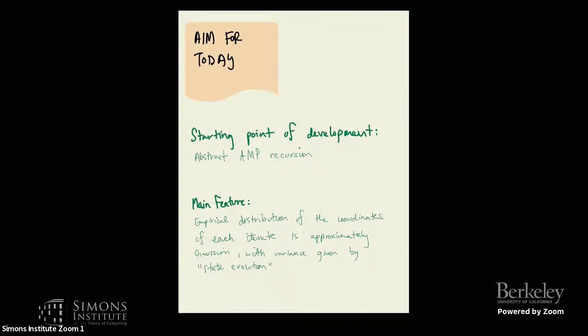And so the idea is if we can understand the statistical properties of the really vanilla AMP algorithm, then when we look at these more complicated AMP algorithms, we'll just reduce it back to this vanilla result.